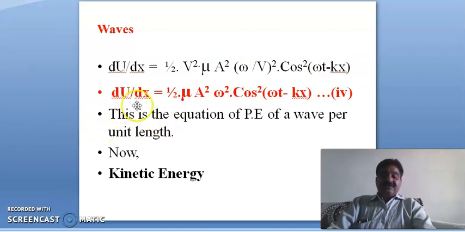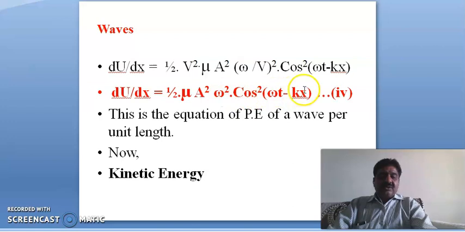Then the next step is half mu a square omega square cos square (omega t minus kx). The v square terms get cancelled with each other. So what is left is half mu a square omega square cos square (omega t minus kx).